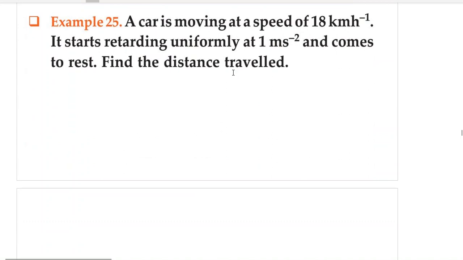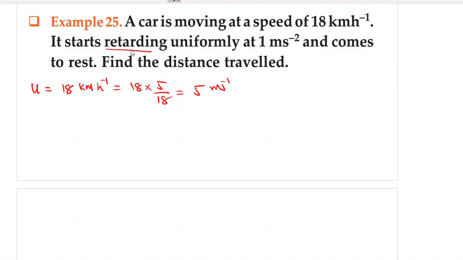A car is moving at a speed of 18 kilometer per hour. Okay, so initial velocity is 18 kilometer per hour, which is 18 multiplied by 5 by 18, that is 5 meter per second. It starts retarding uniformly at 1 meter per second square.